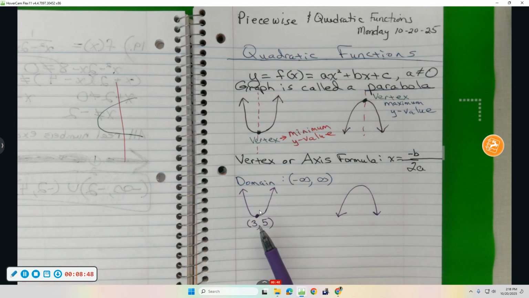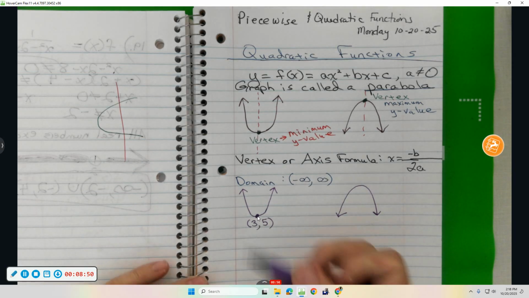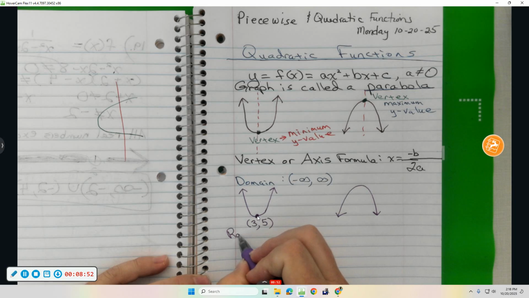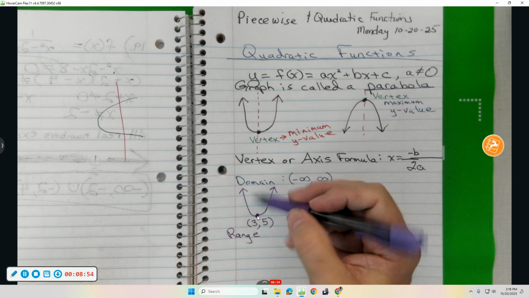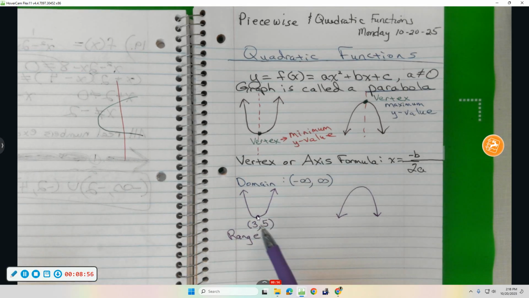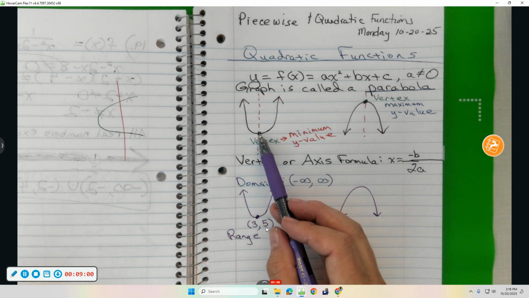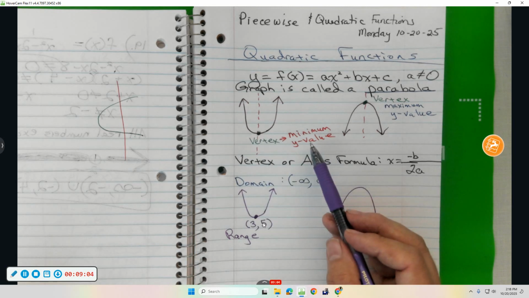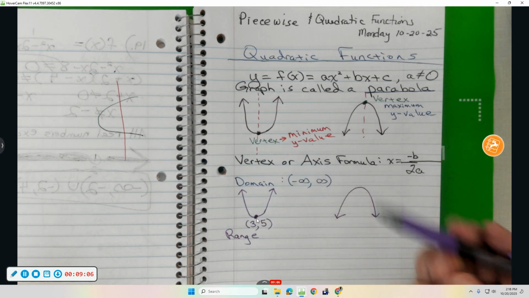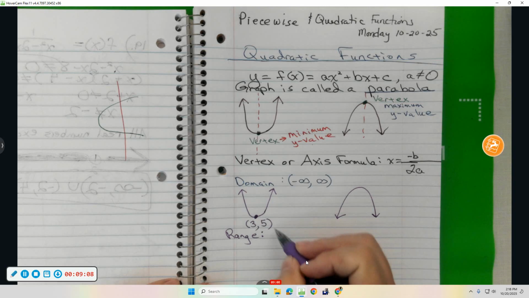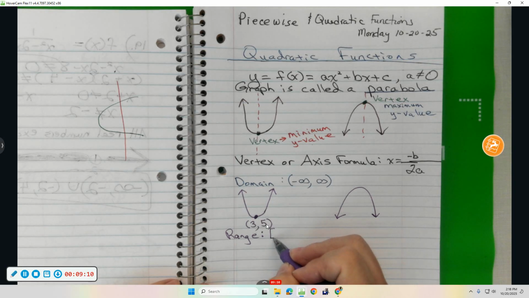To determine the range of this function, what y values are on this purple graph? The smallest y value, realize when it's opening upward, that vertex is the lowest point. That means that's the smallest y value. So the smallest y value on this graph is 5.